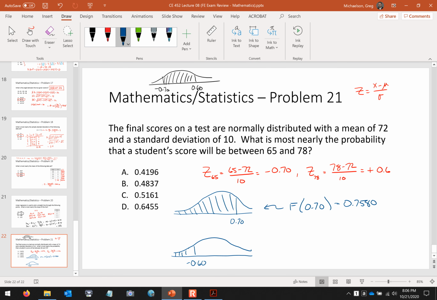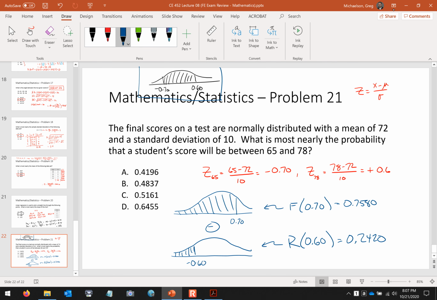Really what I want to do is take that tail area and subtract it from that, and that'll give me the total area under the curve. That's going to be R of 0.6, which is 0.242. So if I take the difference of those, this bigger area minus this smaller area, that gets what I'm after up here.